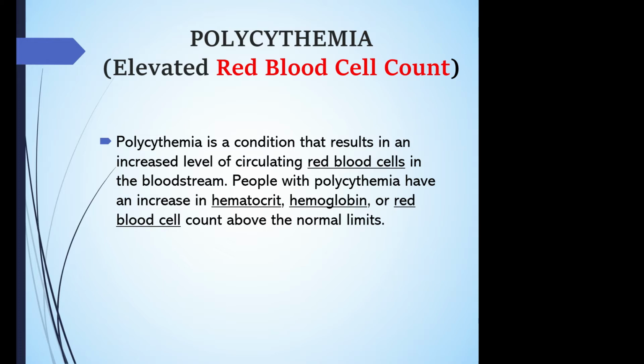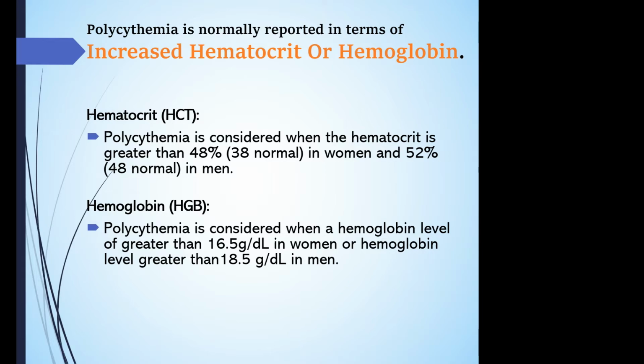People with polycythemia have an increased hematocrit, hemoglobin, or red blood cell count above the normal limit. Polycythemia is normally reported in terms of increased hematocrit or hemoglobin. Means either the red blood cell count will be increased or the concentration of hemoglobin will be increased.